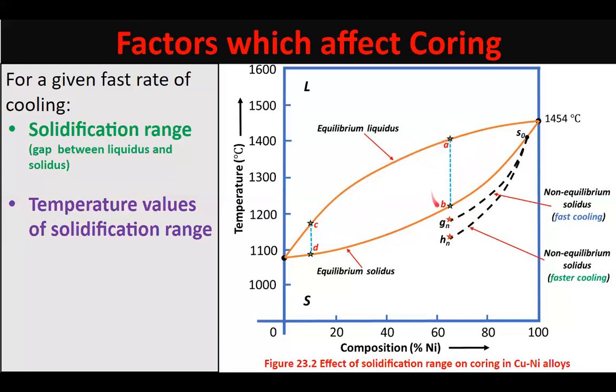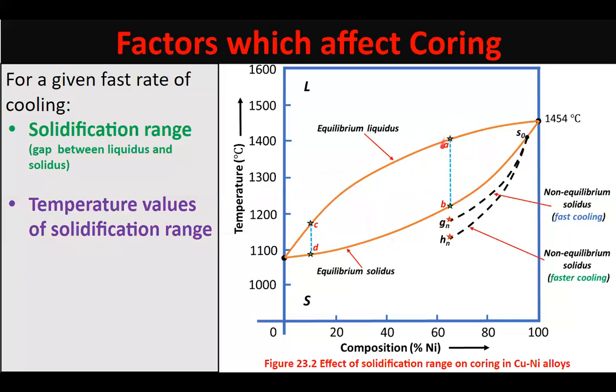So here diffusion would be more with the same rate of cooling. So this alloy, at a lower temperature range, even with the same solidification range, will show a higher amount of coring.